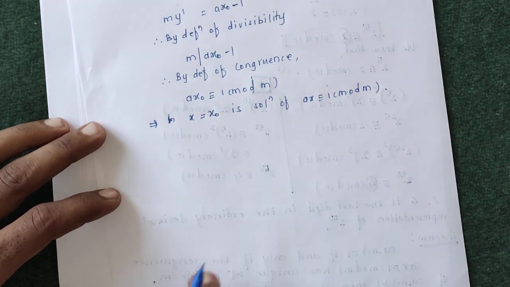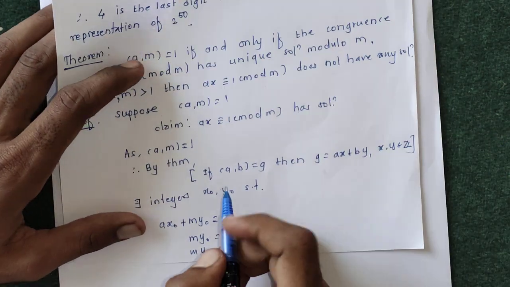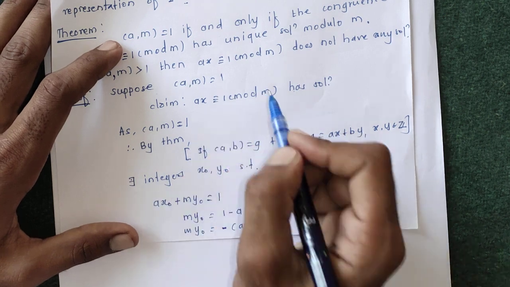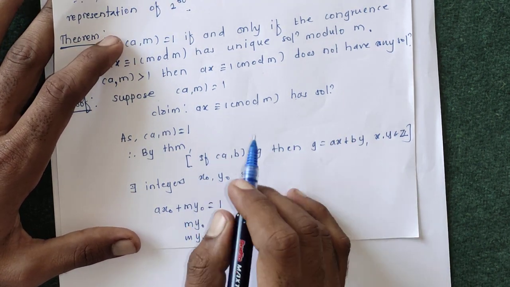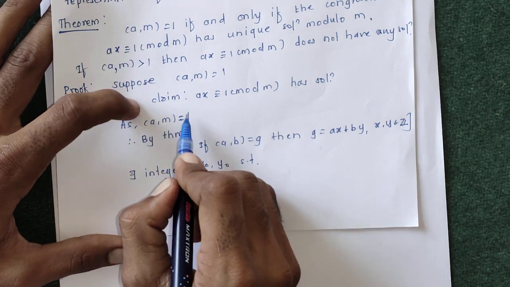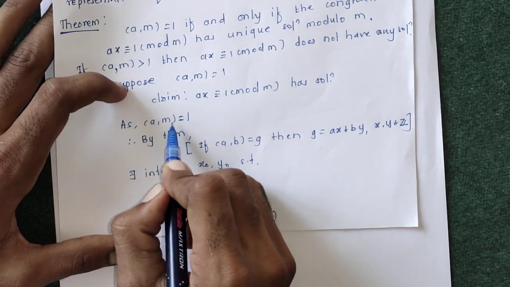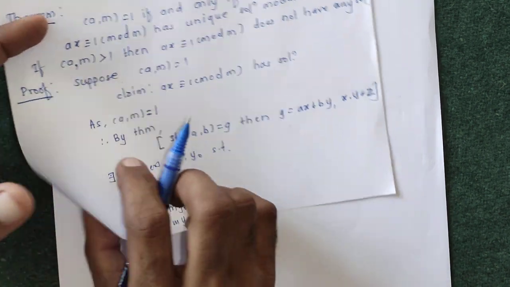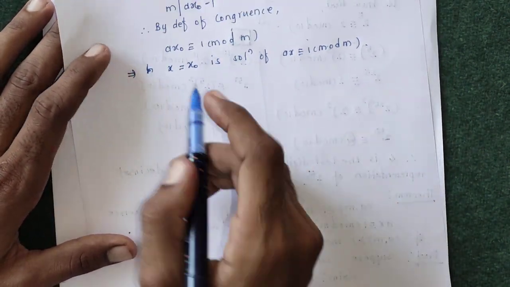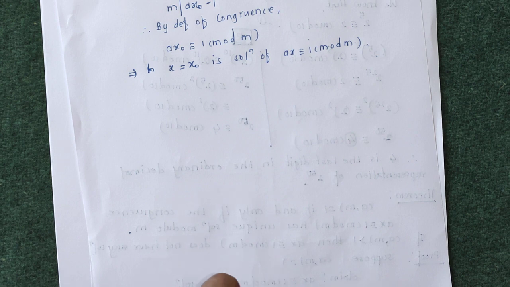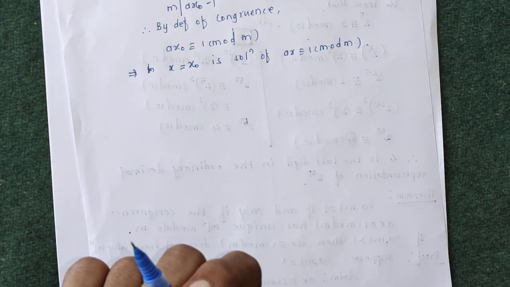This x naught is not a particular chosen value; it is the integer we used to express the GCD as a linear combination of these two numbers. So x naught is an integer that satisfies our congruence, and hence the first part is proved.